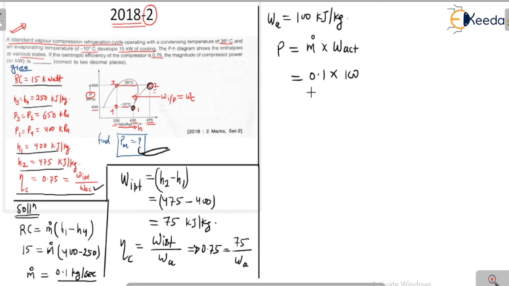So from here you can find the magnitude of power for the compressor, which is 10 kilowatt, and that will be your perfect answer for that question.